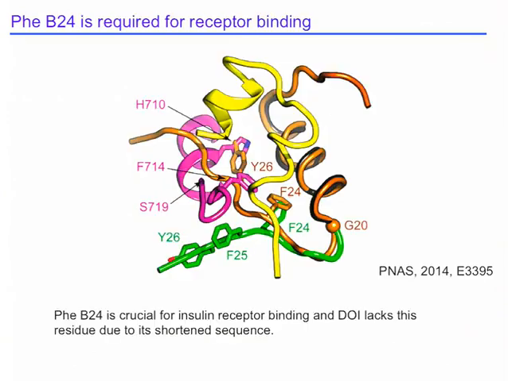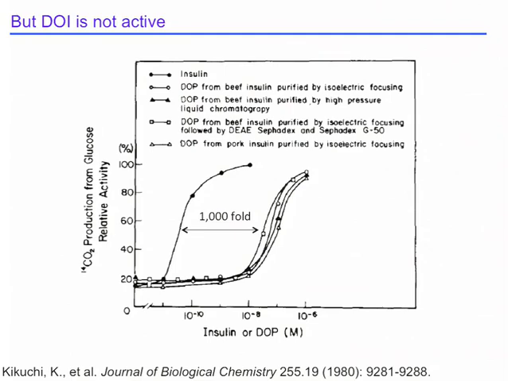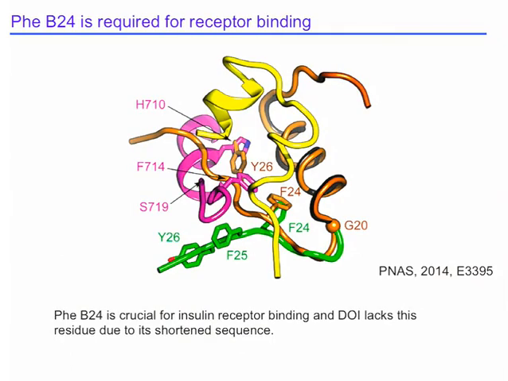So basically, this is not active, and now we know that it makes sense. Mike Lawrence and Michael Weiss have the structure of insulin with a micro receptor, some subunits of the insulin receptor.